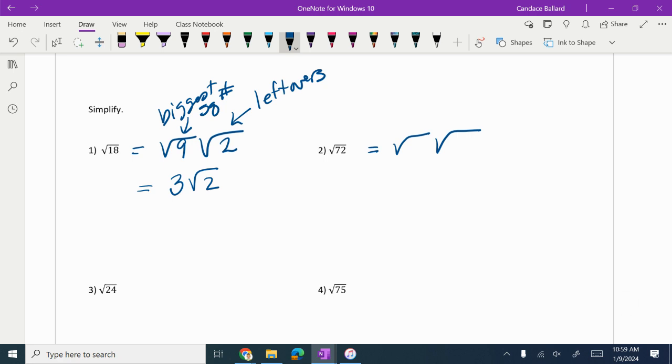How many times does 9 divide it? 8. Remember, the goal with this method is to try to find the biggest square number. Can I still divide 8 by a square number? Yeah, so I don't have the biggest one yet. So I'm going to keep going down my list. And if I have to, I'm punching the buttons into my calculator, and that's okay. All right. Does 16 divide 72?